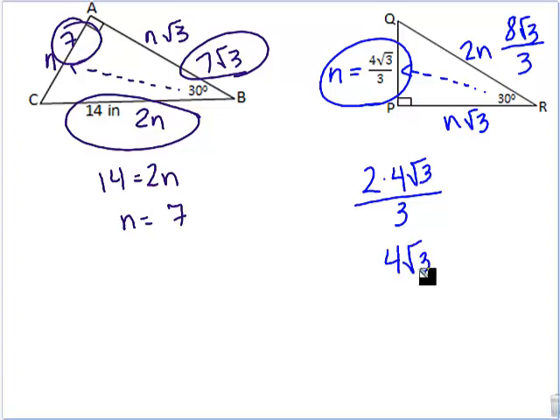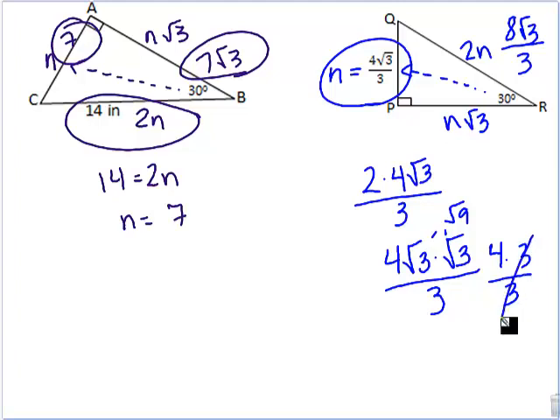So 4 square root of 3 times the square root of 3 over 3. Well, what's square root of 3 times square root of 3? Square root of 9, which is really 3. So this is 4 times 3 over 3. So it'd be 4. So this side is 4. Is that one okay?